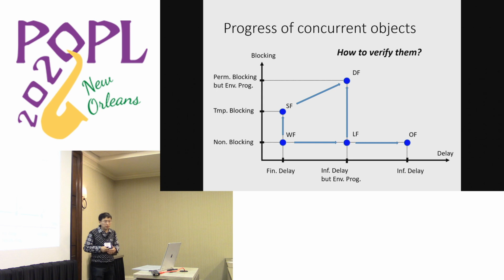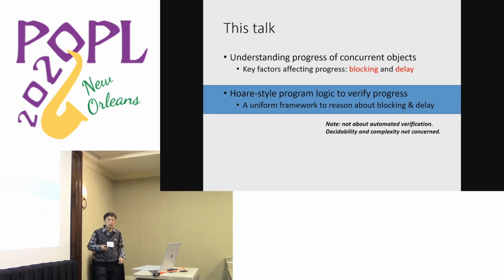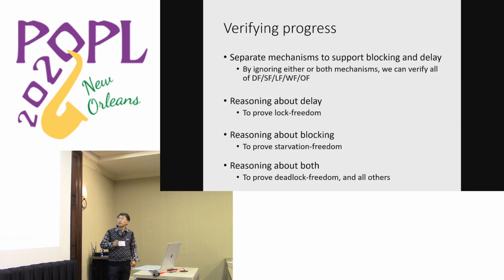Now, next we have to answer the question: how do we verify them? So to verify progress, since we already know about blocking and delay, we propose a separate mechanism to reason about the 2 issues separately. First we try to reason about delay without allowing any blocking.